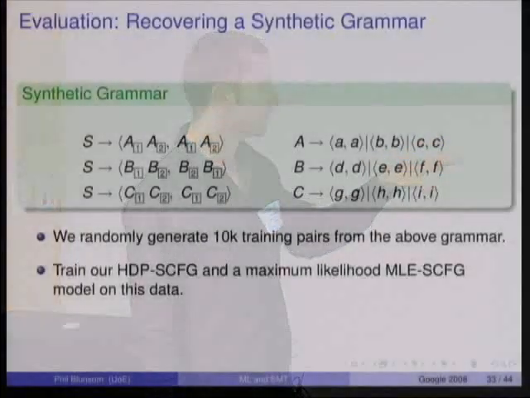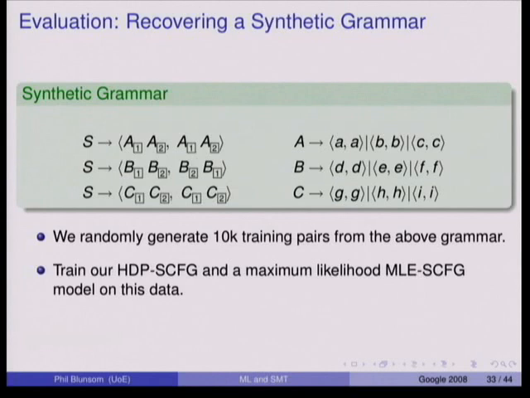So given the model I've described, I'm going to talk about some experiments. This is still quite early, so our experiments are still somewhat exploratory. But first I'll describe a synthetic experiment trying to recover a simple synthetic grammar using the model to see if it behaves like we'd hope.